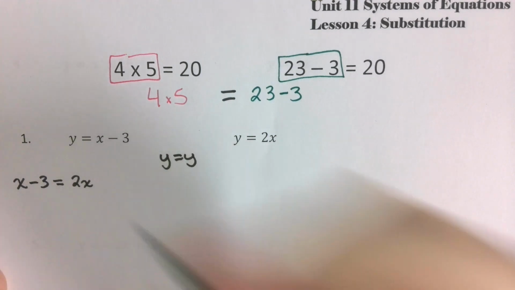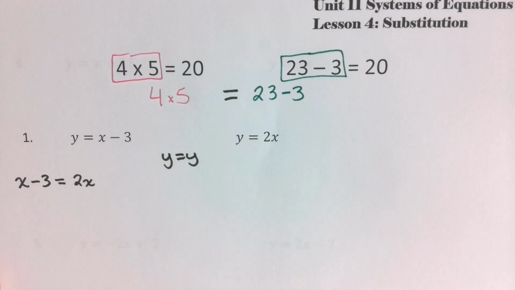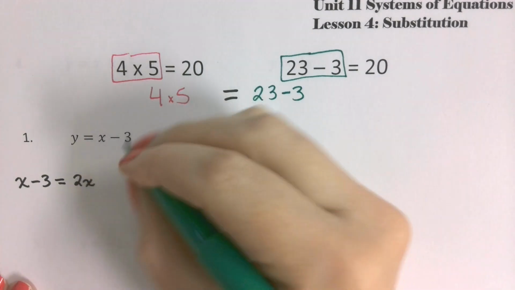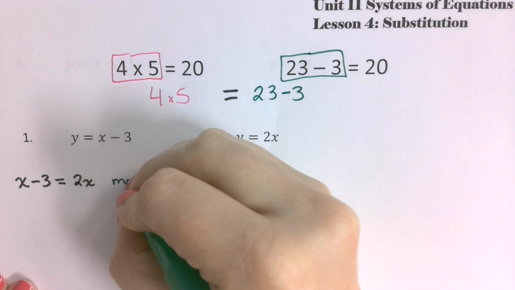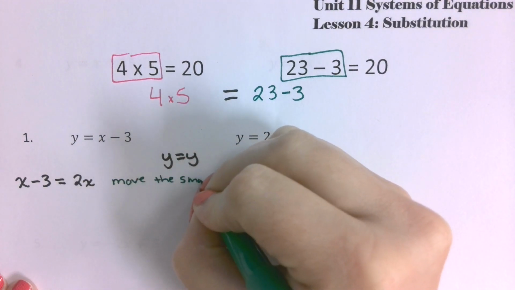Now, remember, when we learned how to solve equations with variables on both sides, we always focused on moving the smaller variable. The reason we did that is because it helped us eliminate having to deal with negatives with the variable. So I'm going to write that off to the side.